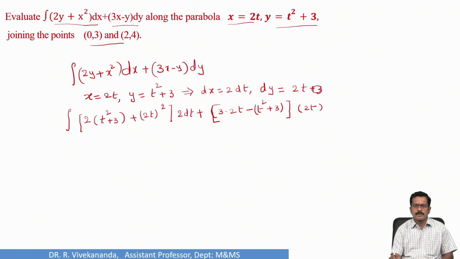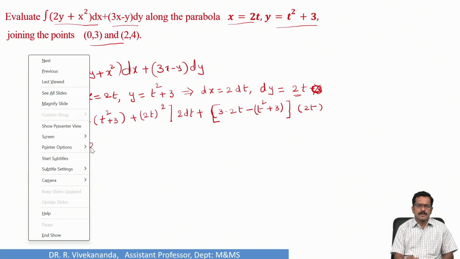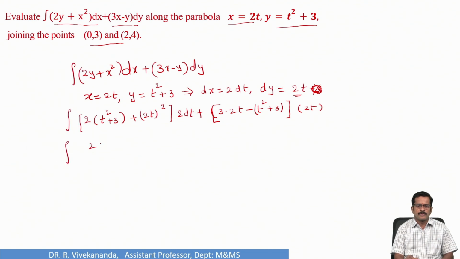So here 3 becomes 0, only 2t. Now the integral of (2 into t square plus 6 plus 4t square) into 2 dt, plus (6t minus t square minus 3) into 2t, the whole thing under dt.